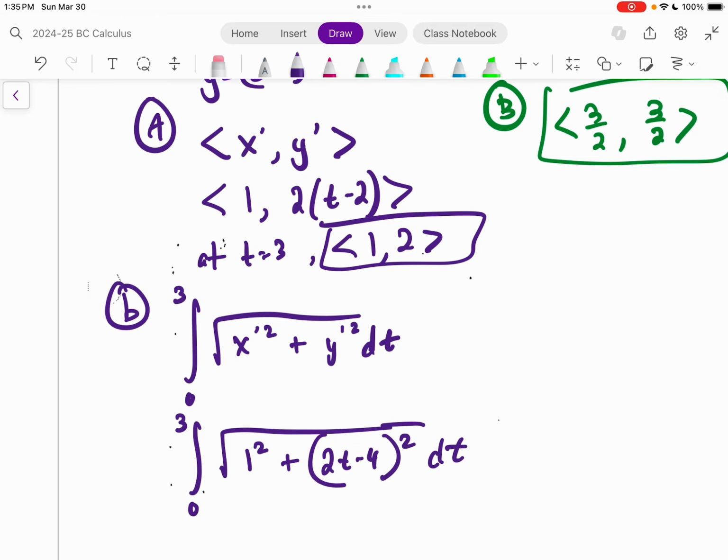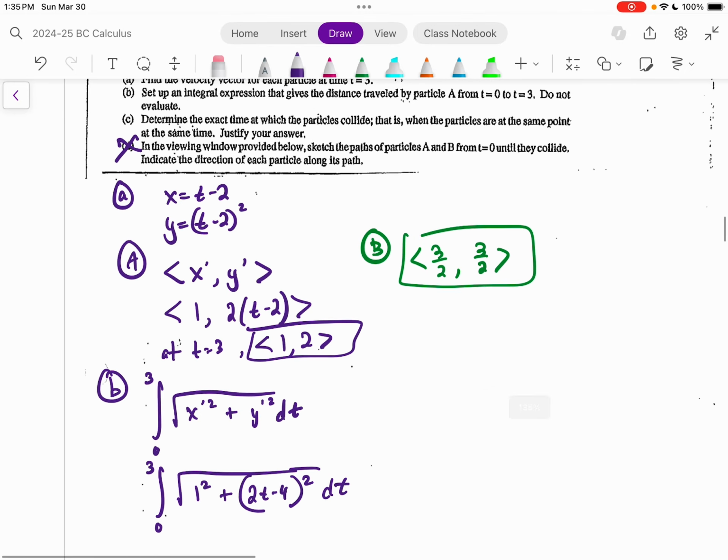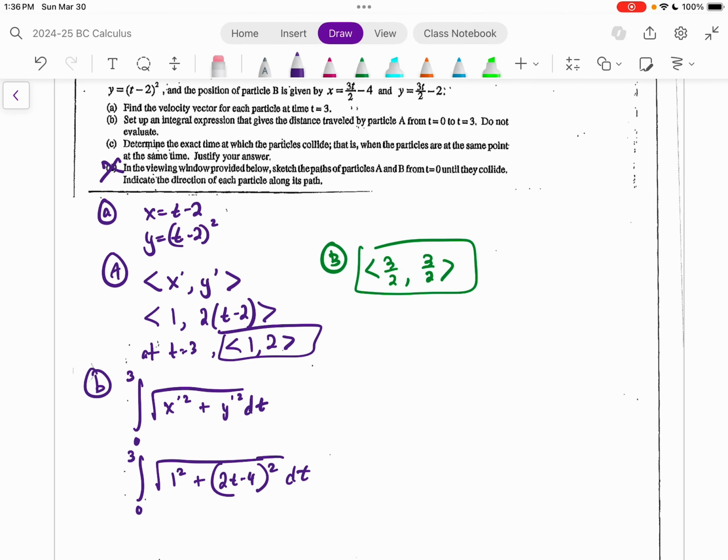Okay? I don't think we actually evaluate that, just set it up. Okay, good. Wouldn't want to. This one in particular looks a little bit like arc length, just because of that one, but again, that's more coincidence, because that x prime is just 1.